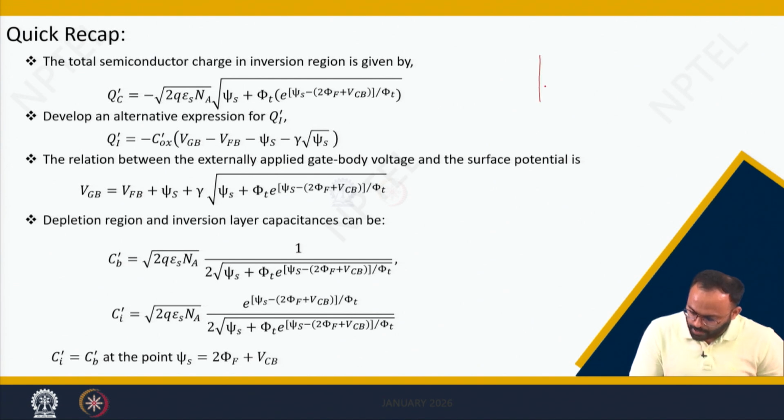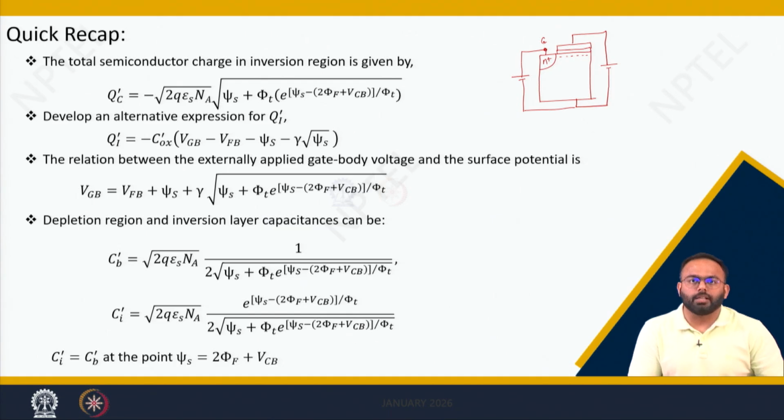Let us do a quick recap. We were discussing the 3-terminal MOS structure, and we said that the inversion charge present near the surface can be altered by applying a voltage at C to B, meaning a new terminal C, or contact, modulates your inversion charge externally.